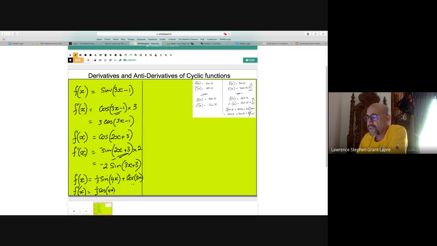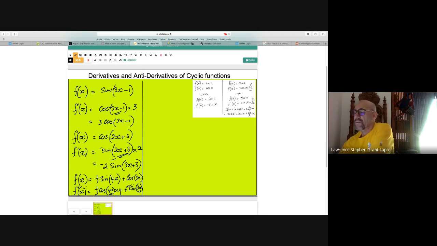That's for the first bit. The second bit, you have to multiply by the derivative of the bracket. So you end up with 4/3 cos 4x. And the derivative of cos 3x is negative sine 3x. And you have to multiply that by the derivative of the bracket, times it by 3. So you end up with negative 3 sine 3x. So I'll put that negative in front of that 3.